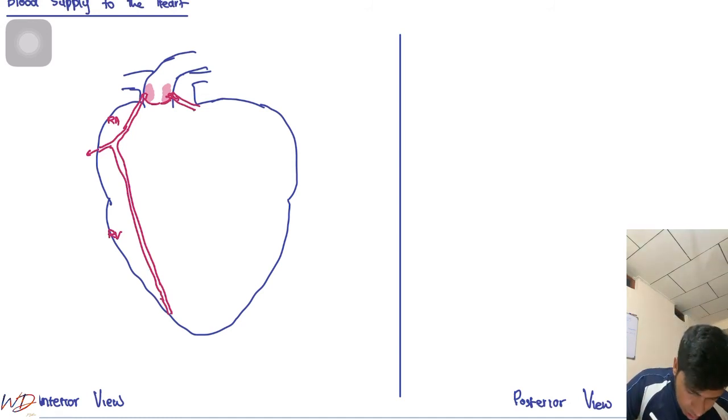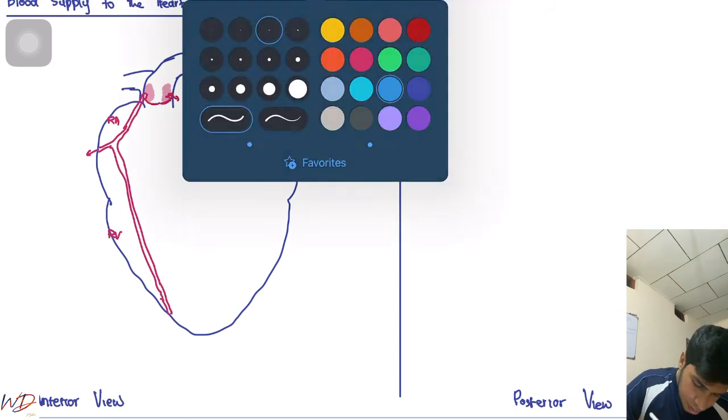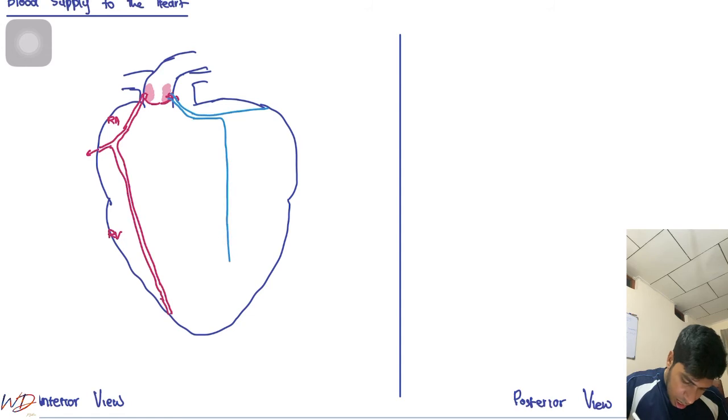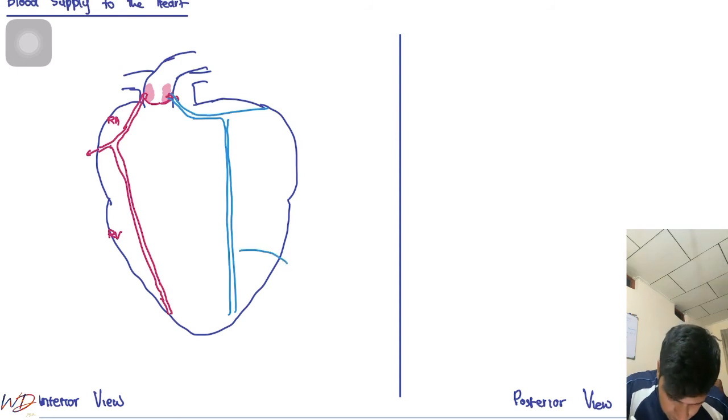The left coronary artery, let me use another color. It comes like this and goes this way. Remember, we are looking at the left anterior side now. This is descending downwards, so this artery is called the left anterior descending.